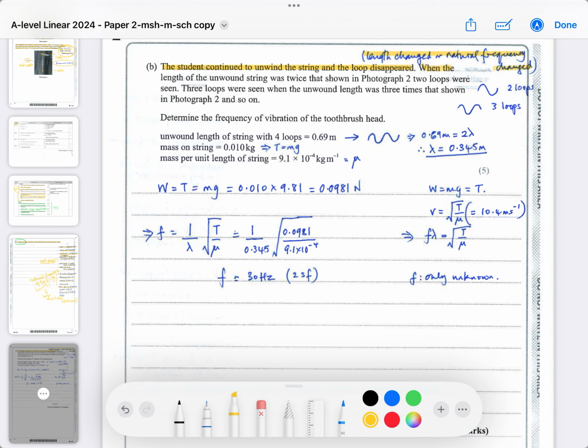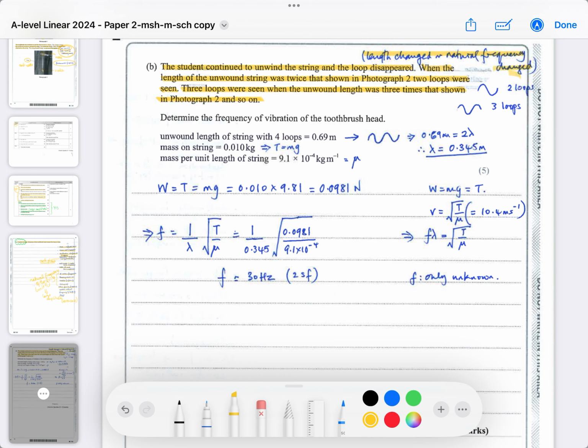When the length of the unwound string was twice that shown in photograph 2, you got 2 loops forming. So 2 loops were seen. 3 loops were then seen when the unwound length was 3 times that shown in photograph 2, and so on.